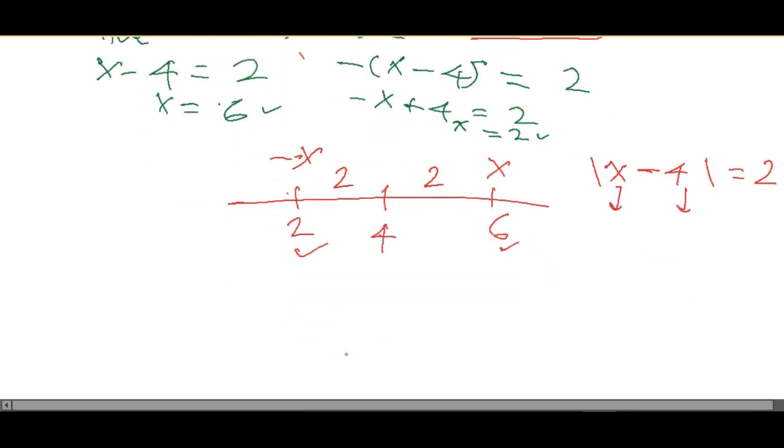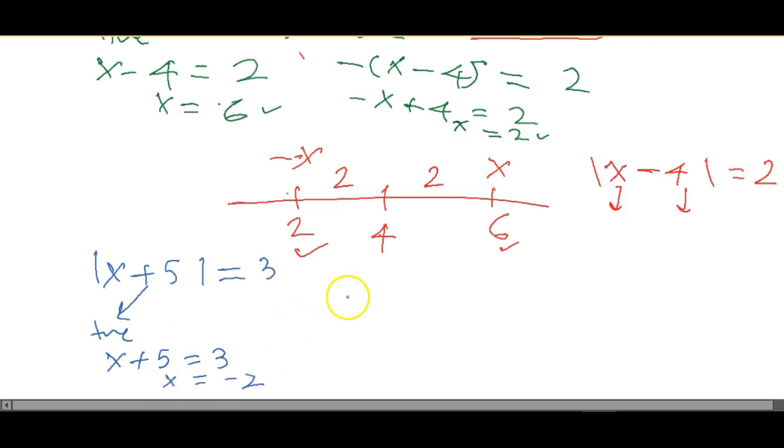Similarly, let us solve the next example. What we had was mod of x plus 5. Let us assume that this is equal to 3. Again, I can take the value for the first time as positive. So I will write it as x plus 5 equal to 3 and I will get x equal to minus 2. Great.